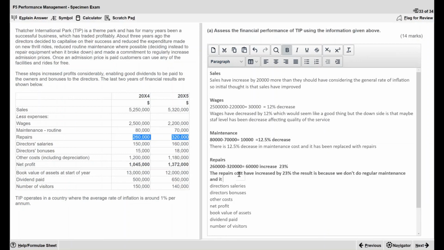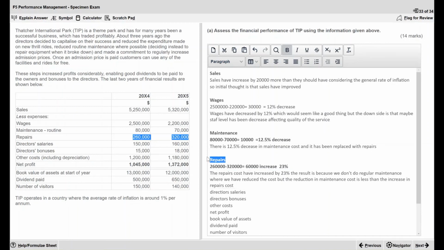We have reduced regular maintenance, where we have reduced the cost, but the reduction in maintenance cost is less than the increase in repairs cost.